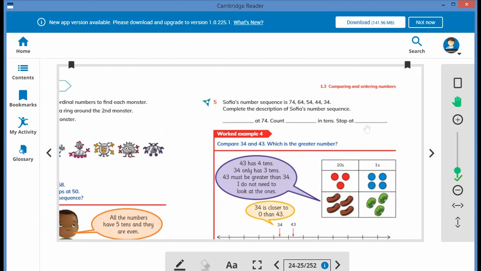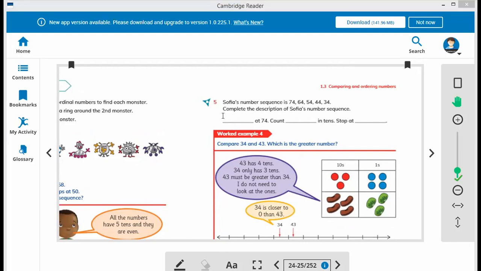34. So Sophia starts at 74, counts numbers in tens, and stops at 34.